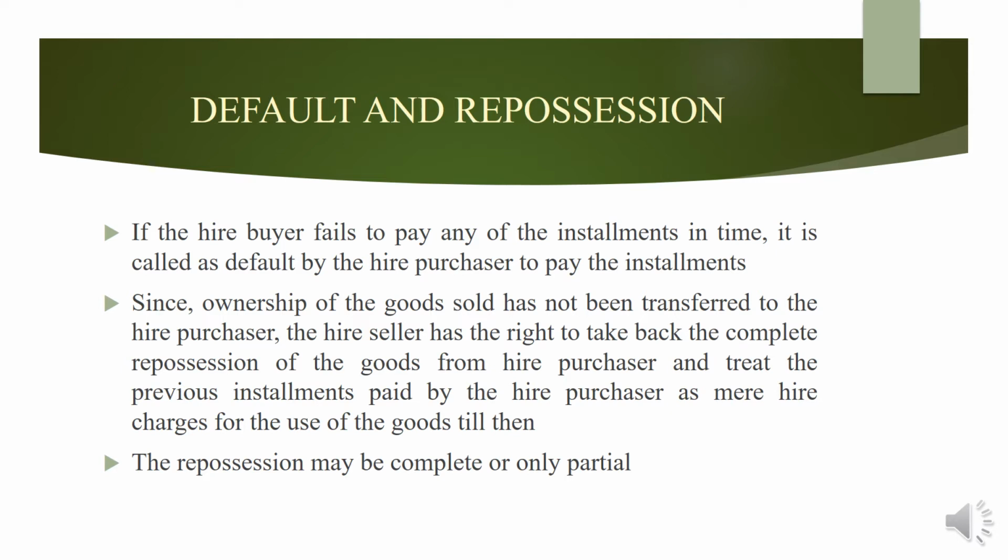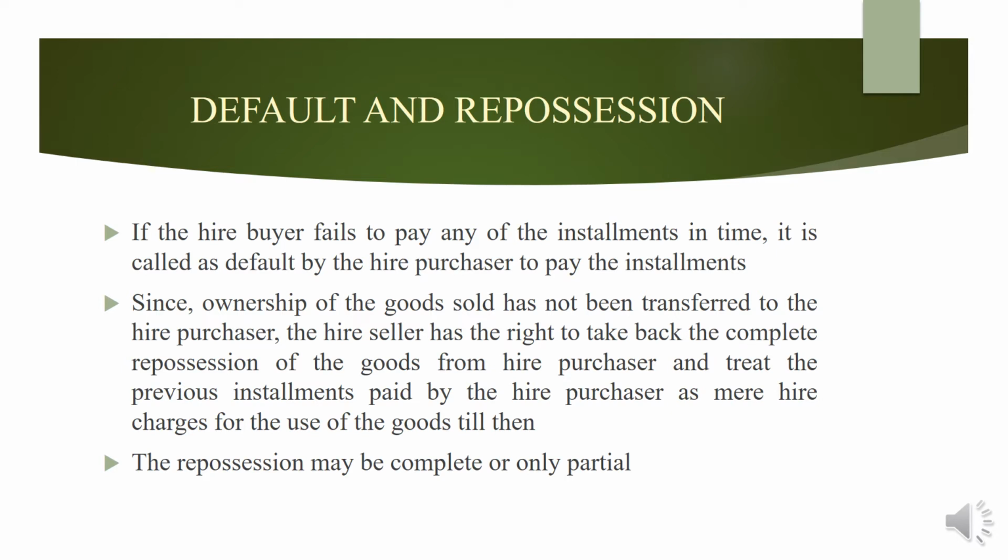Therefore, if the hire buyer fails to pay any installment before the last payment, the hire seller has the right to repossess the asset. What is the accounting treatment in this case? We will discuss that in this video.